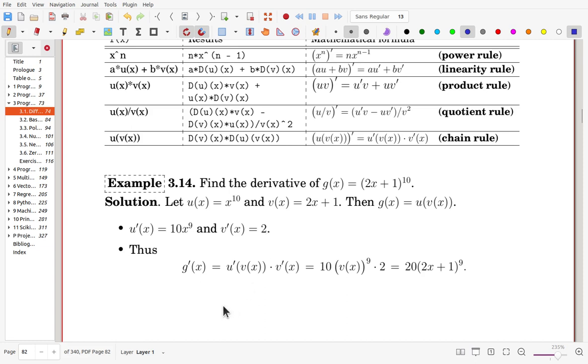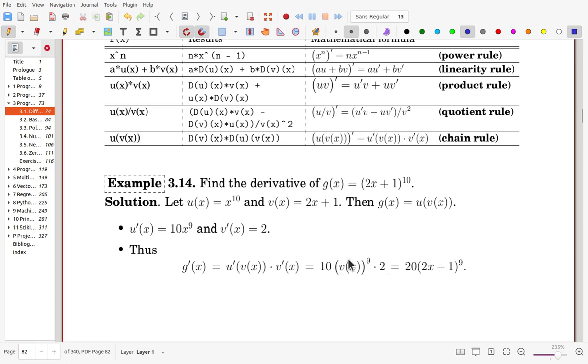So now g prime of x is u prime, but you have to get the value at v of x, so that g prime of x is u prime of v of x times v prime of x. Rather than x, you have to put here v of x, so that is 10 times, rather than x, we are using v of x to the 9, and v prime is 2.